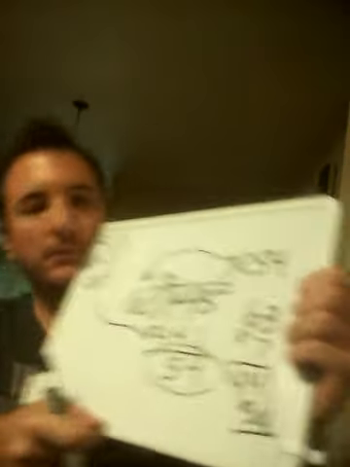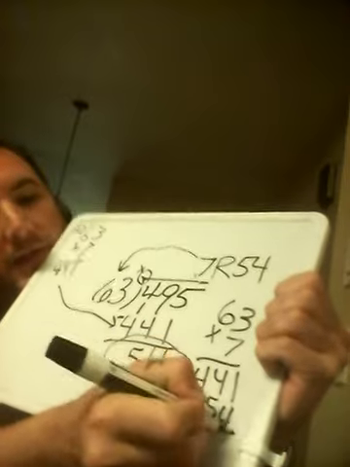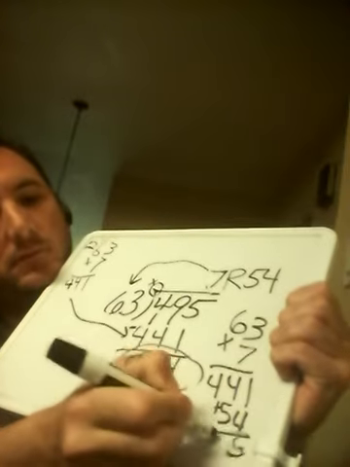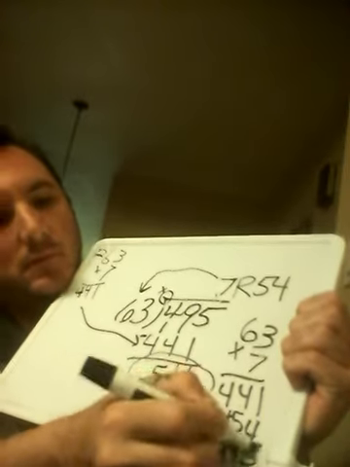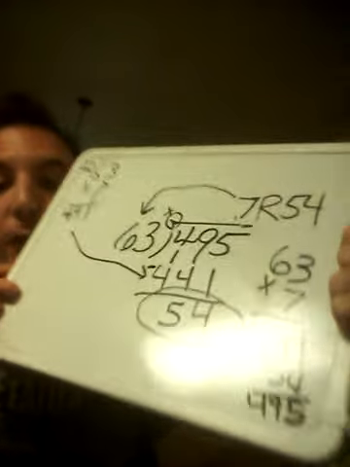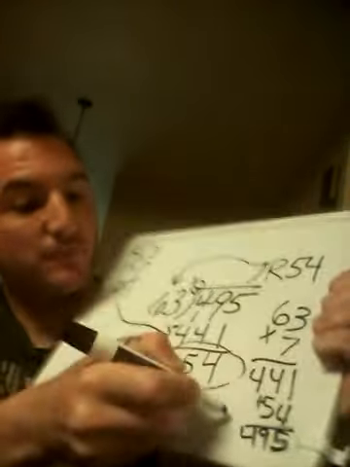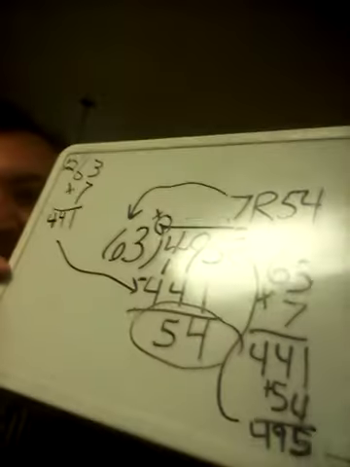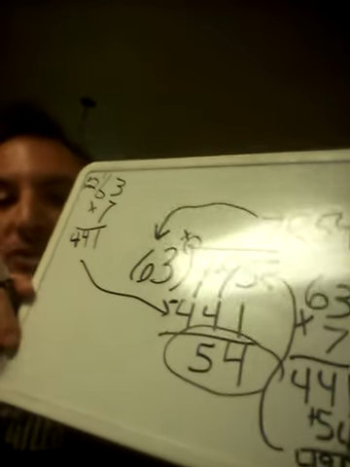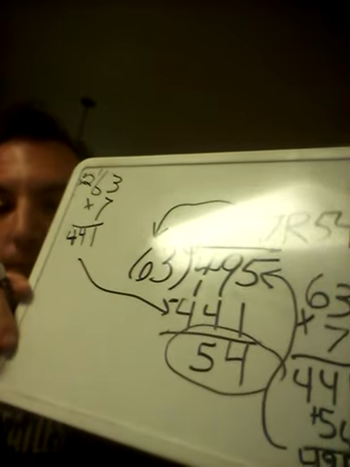And when I do that, I get 495, which matches my dividend that I originally started with. If those match, I know I did it right.